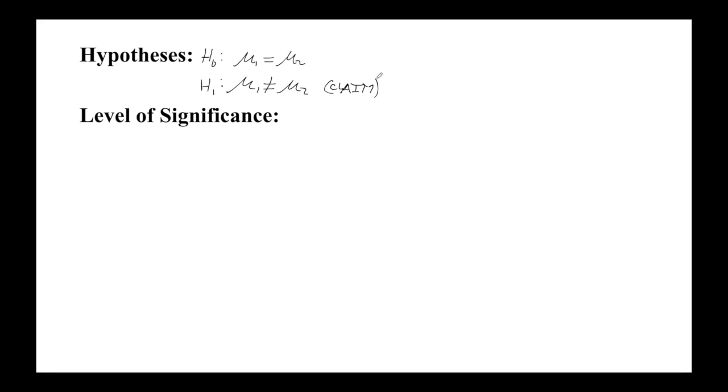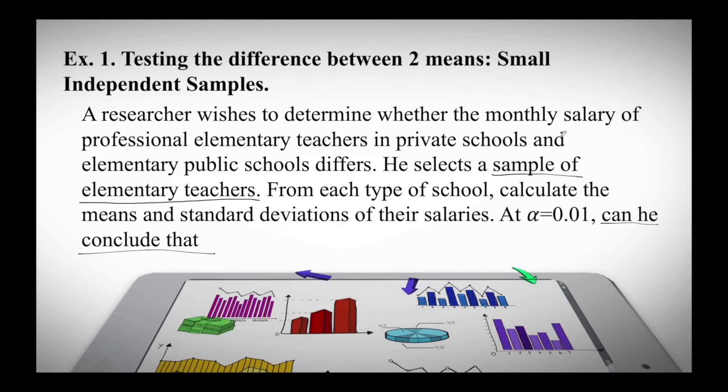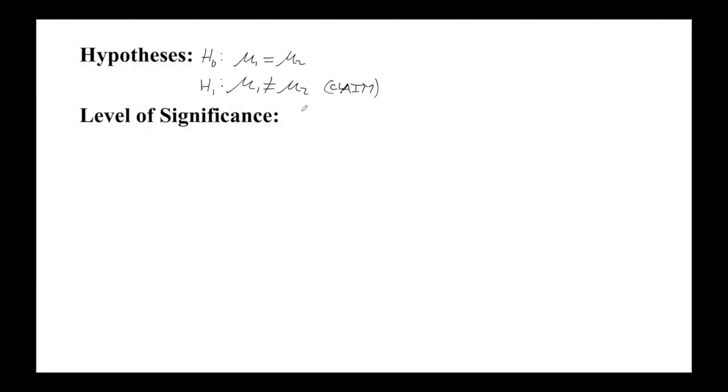For the level of significance, based on our problem, our level of significance is 0.01. So, let's write here: alpha level, 0.01. And of course, we will also have degrees of freedom. Why do we have degrees of freedom, sir? Because our sample is lower than 30.